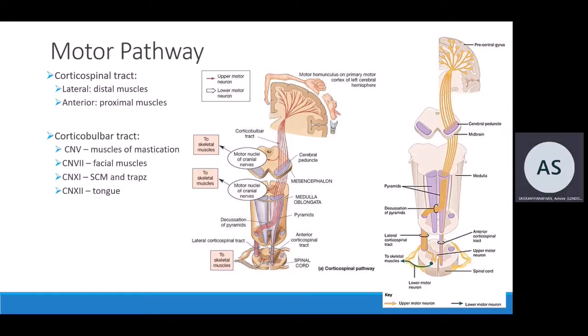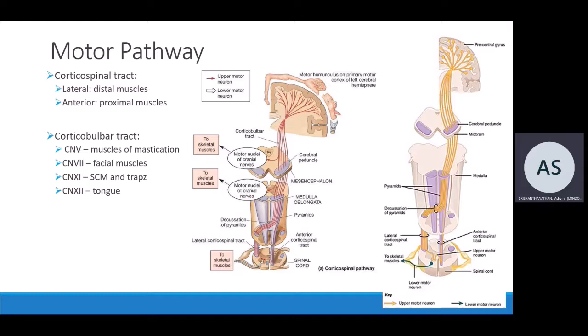And then you've got your corticobulbar tracts, which supply mostly all the skeletal muscles in your head and neck. This is where all your cranial nerves come in. You've got cranial nerve 5 for muscles of mastication, so all your chewing reflexes, cranial nerve 7 for your facial muscles, cranial nerve 11 for your SCM and trapezius, so all that shrugging motion, and cranial nerve 12, which is movement of your tongue.